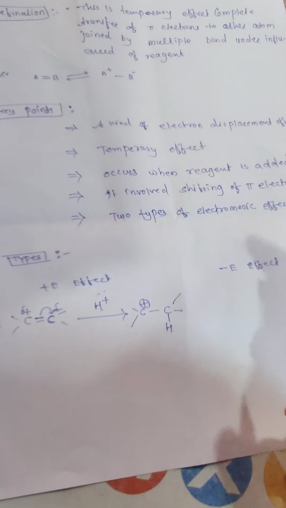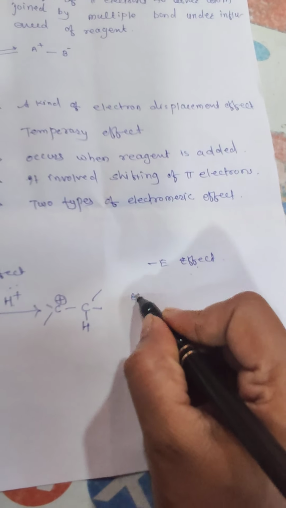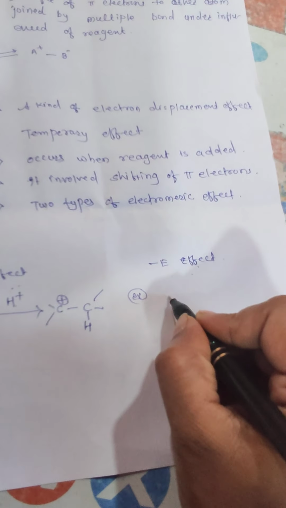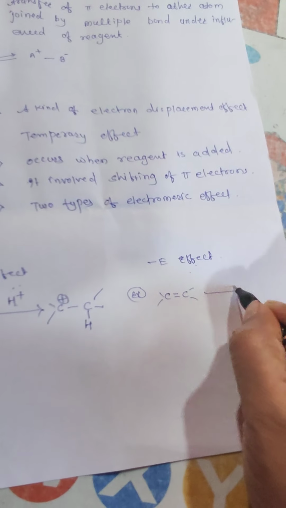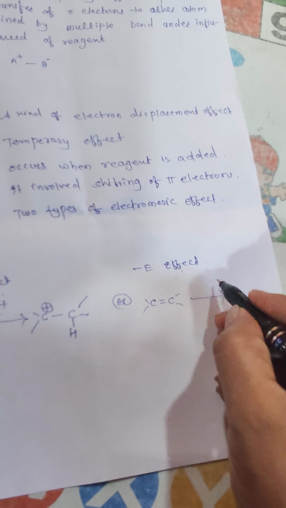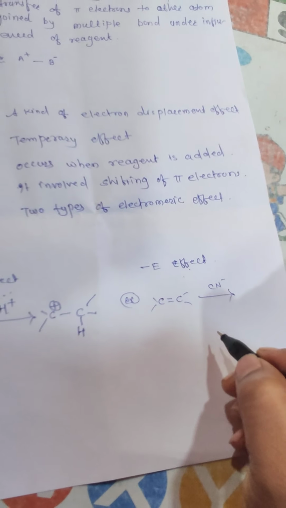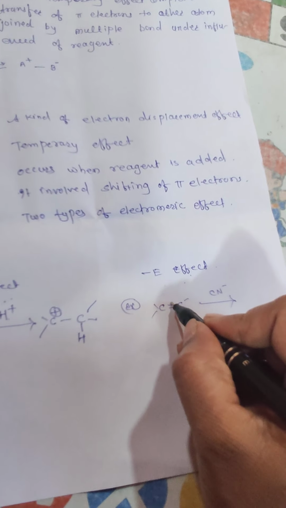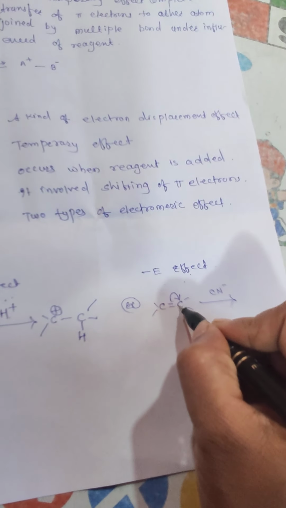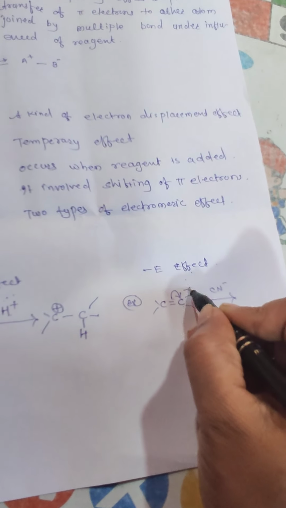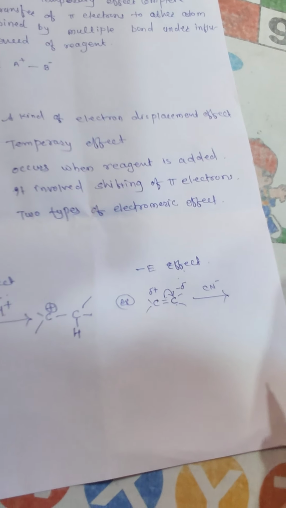And in the minus E effect, example: C double bond C, and the reagent is a nucleophilic reagent, that is, CN minus. When this bond shifts toward this carbon, this carbon has a partial negative charge and this carbon has a partial positive charge.